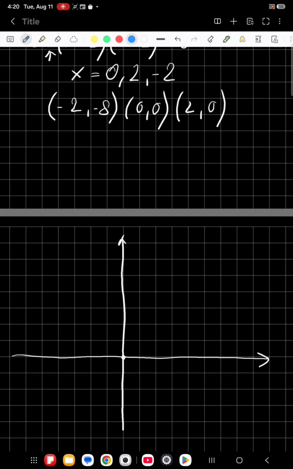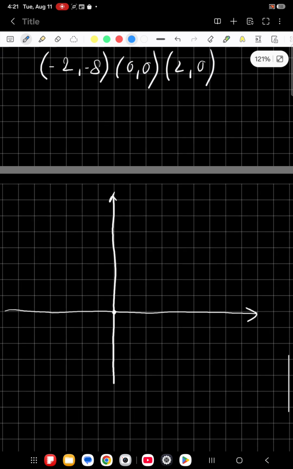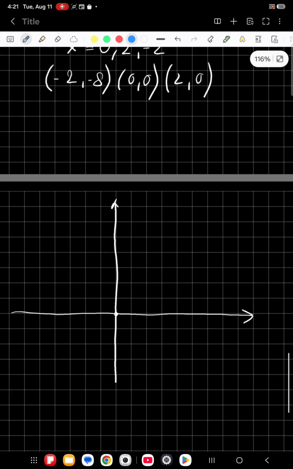That's 3x cubed minus x squared minus 10x. It goes through negative 2, negative 8. Of course, now I don't have enough space, so let's make that point here. Then I have the origin, and the last point is 2, 0, so let's make it here. Now the cubic will look like this.